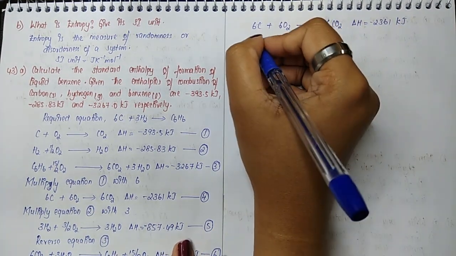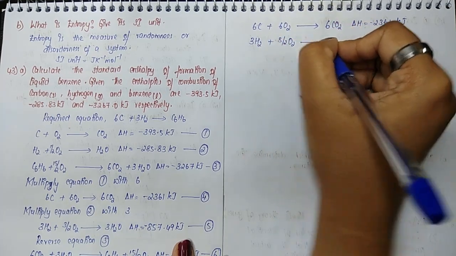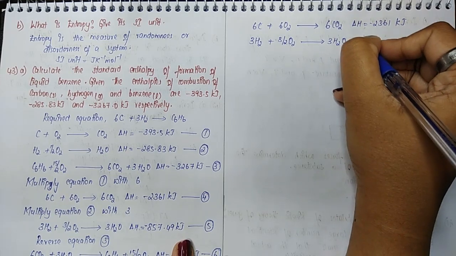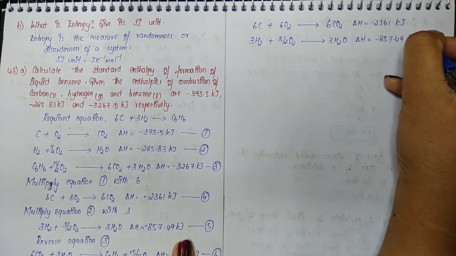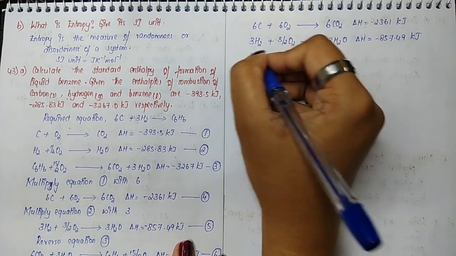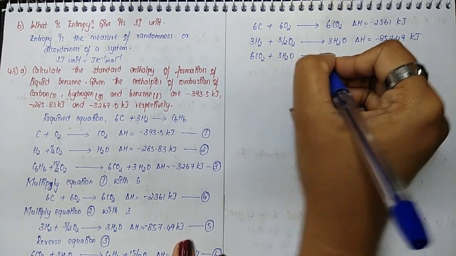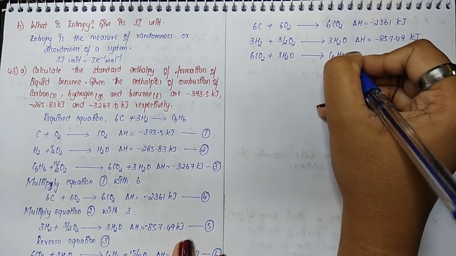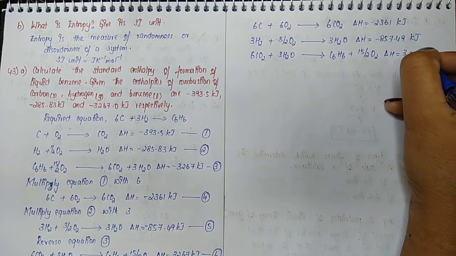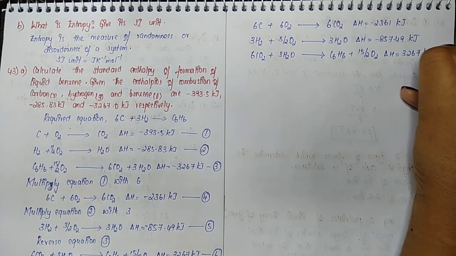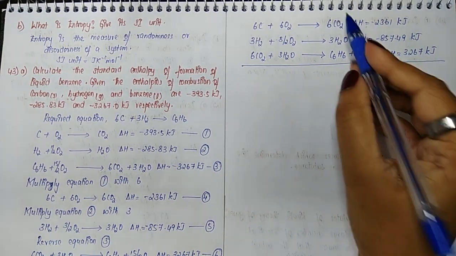Now the next new equation, which is 3H2 plus 3 by 2 O2 giving 3H2O, whose delta H is equal to minus 857.49 kilojoule. Then the last one is 6CO2 plus 3H2O giving C6H6 plus 15 by 2 O2, whose delta H is equal to 3267 kilojoule. Now we have all three new equations, which is equation number 4, 5 and 6. We just have to simplify them.